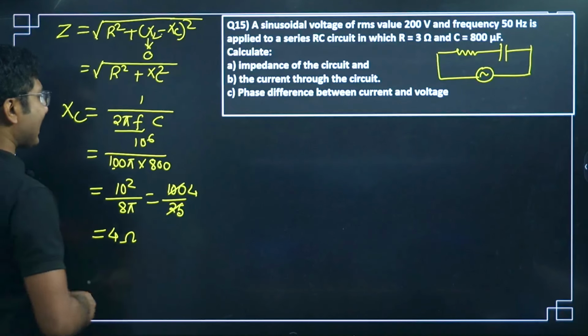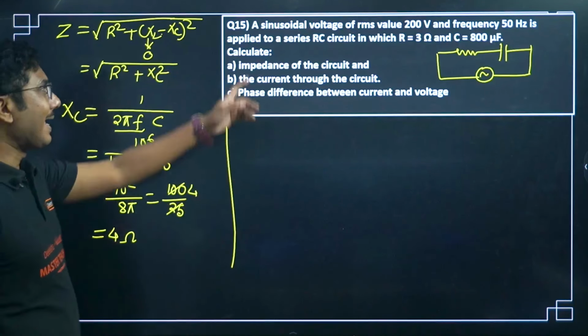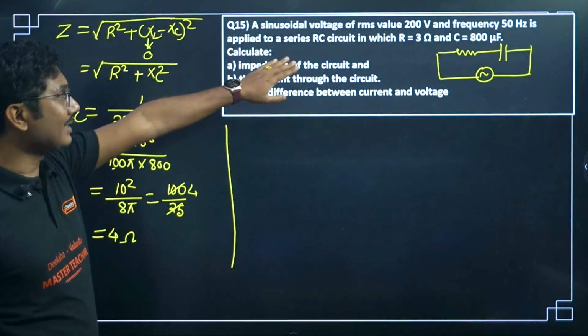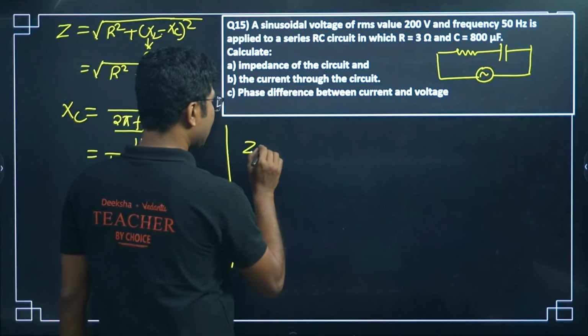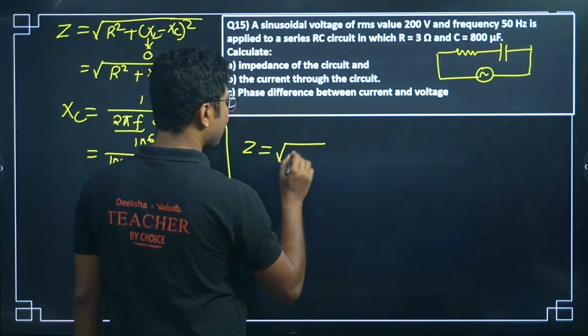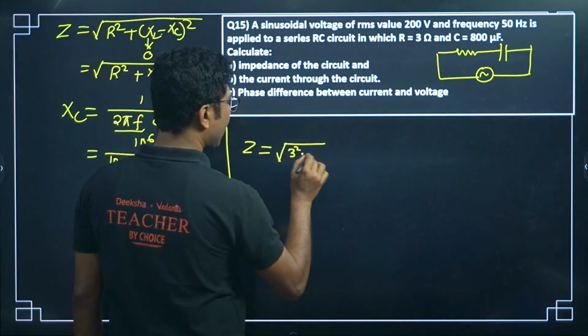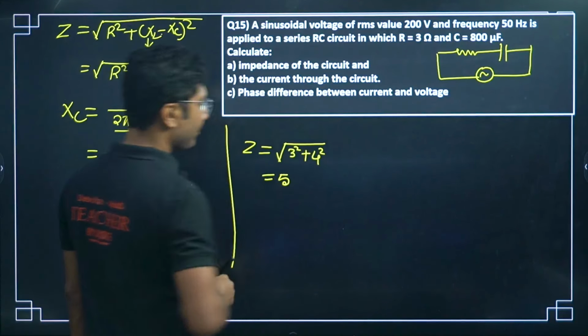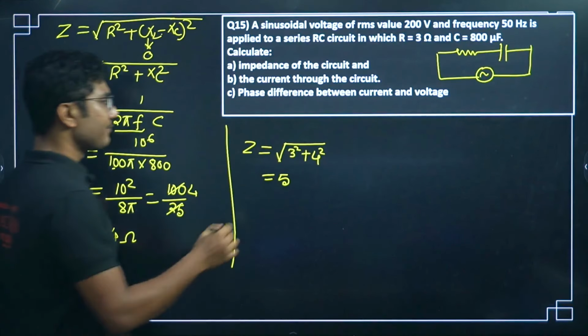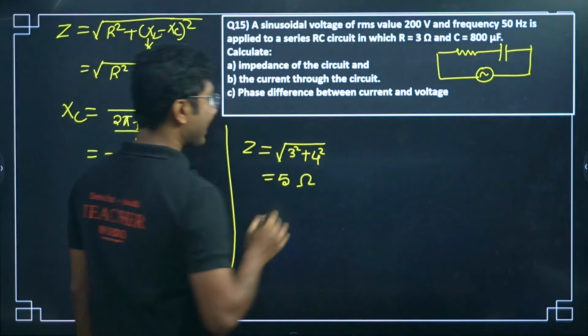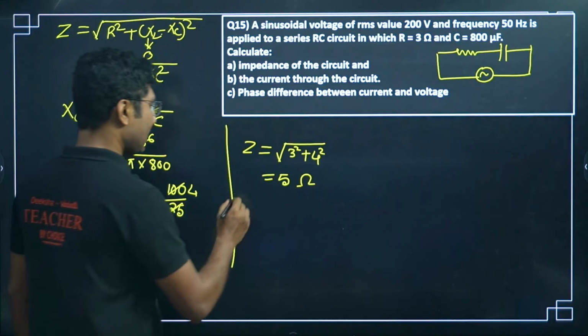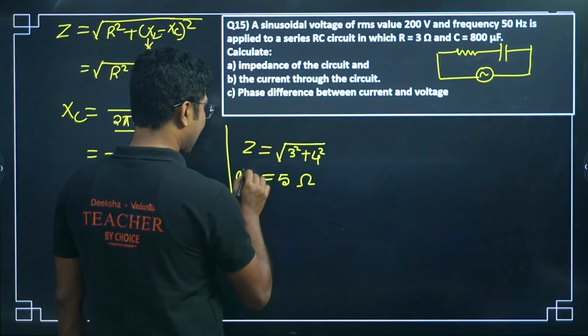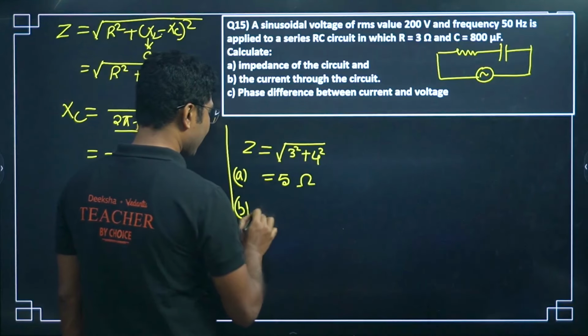So, XC is calculated as 4 ohm, R is given as 3 ohm. So, what is the impedance of the circuit? Impedance of the circuit is simply the square root of 3 square plus 4 square, which is a very common value, which equals 5. So, the impedance of the circuit is 5 ohm. Next is the current through the circuit. So, this is part A. Part B, current through the circuit.